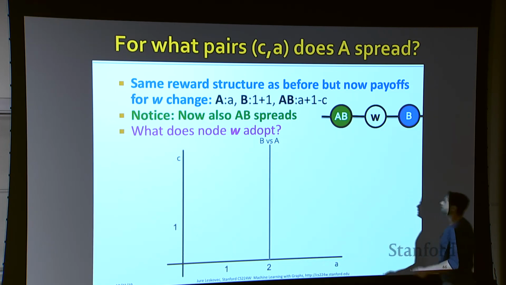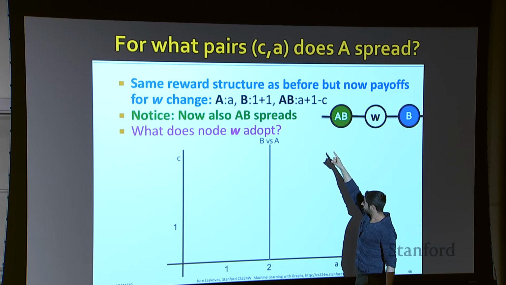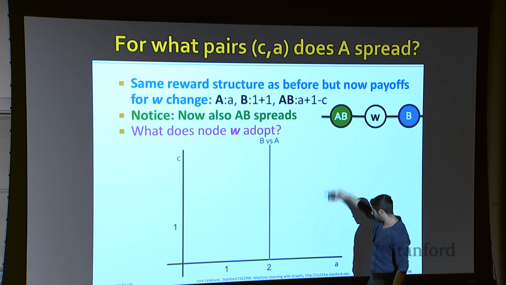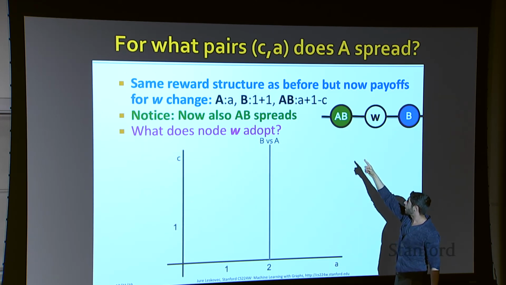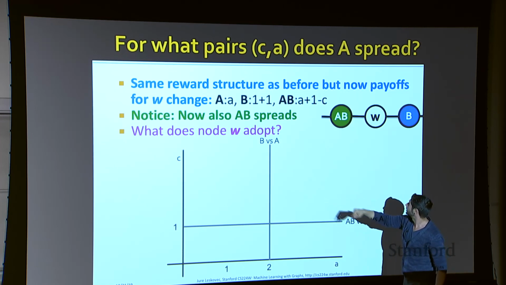And the reason is, there will be a payoff for A equal to 1. There will be a payoff in total equal to 2 because we have A plus 1 minus C, okay? And same here, our cost there is equal to 1.